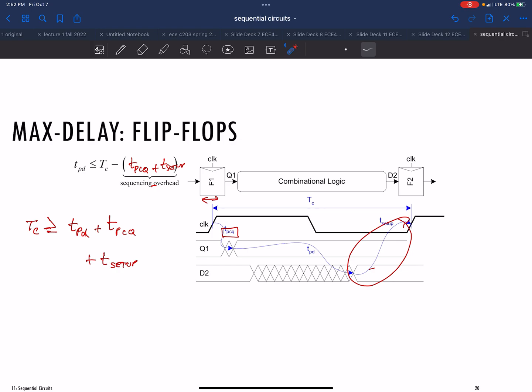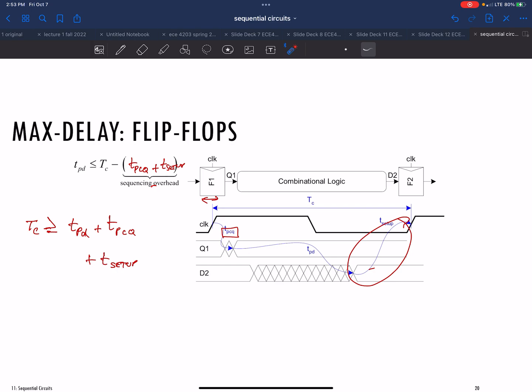Nobody's going to be happy, but the good news is that if you take that chip and reduce the clock speed, you're increasing your clock period, which means you're stretching this timing out. Let's say your chip was supposed to work at a 2 gigahertz clock rate and it's not working.